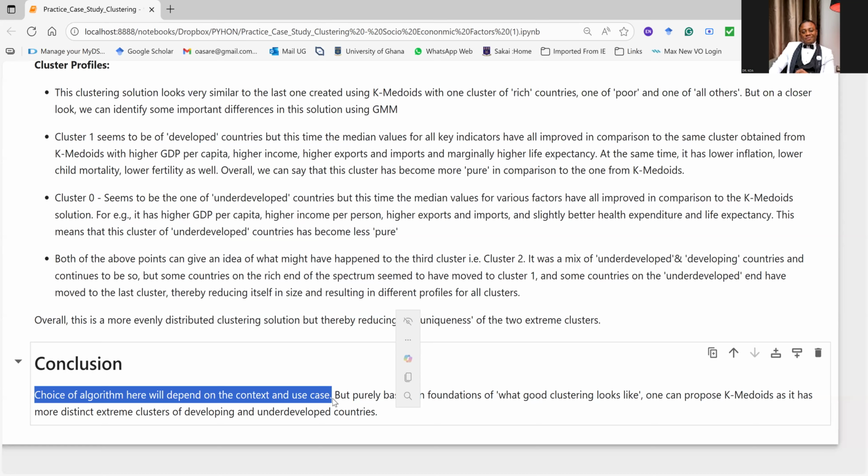So the choice of algorithm will depend. Let me tell you what I would do. I would normally use multiple algorithms. I will use K-means, I will use K-medoids, I will use hierarchical clustering, I will use Gaussian mixture, I will even use spectral decomposition, I will use DBSCAN. And then after I've looked at all of these, I will look for those that are similar.